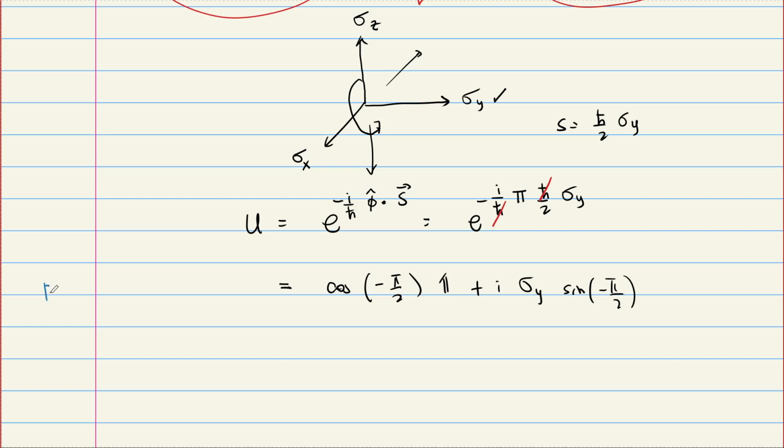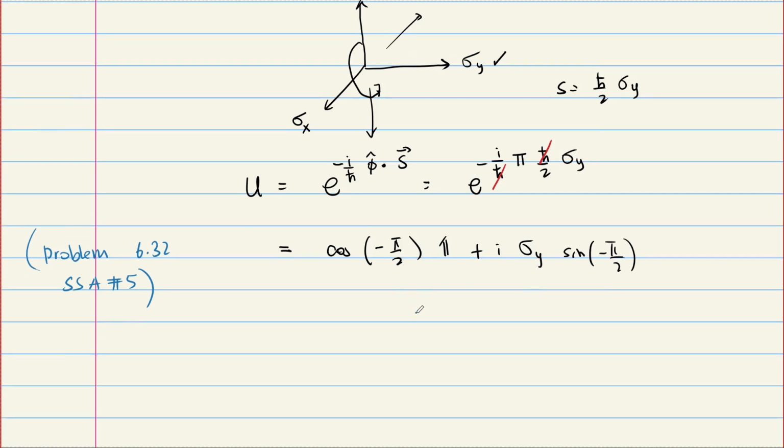If you want, you can look at another problem which I assigned, like 6.32, or you can look at self-study assignment number 5 to see where this comes from. Hopefully you can do that because people may ask you about this. And what is cosine pi over 2? This is 0. And sine minus pi over 2 is minus 1.